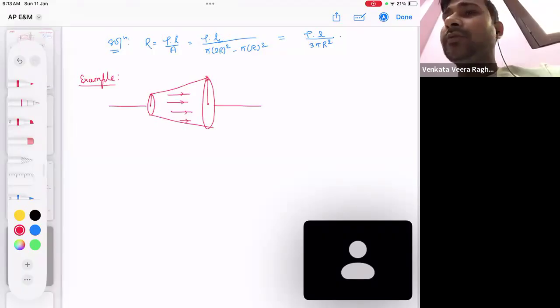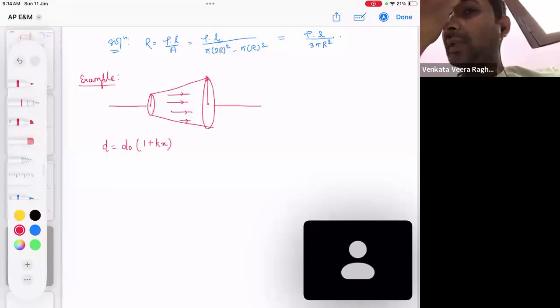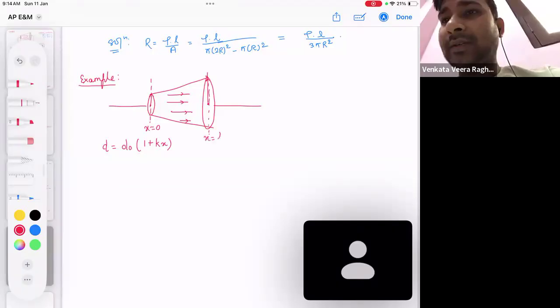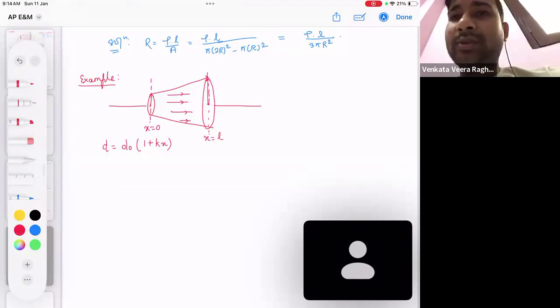In the question, the diameter of the conductor is given as d equal to d naught plus kx. And x equal to 0 is this end, and the total length of conductor is x equal to L, from 0 to x equal to L.